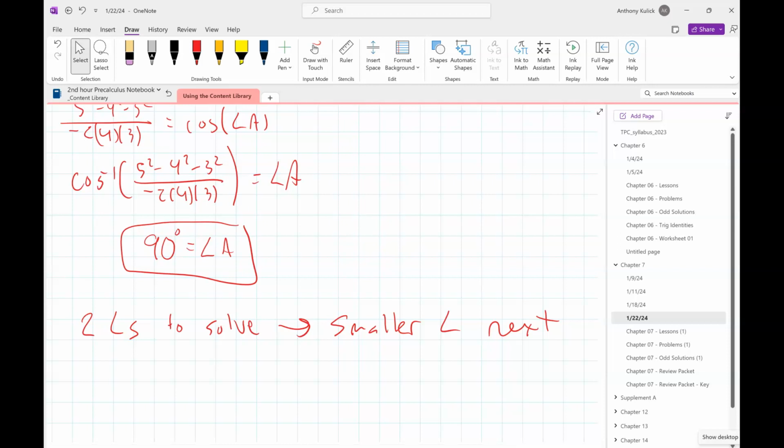The reason you want to follow this order is you don't want to accidentally fall into an SSA case where you find the wrong part in a triangle. Remember, in the SSA case, you can get 2 sets of answers. You don't want to accidentally stumble into that case and get the wrong one of the 2 answers and not realize what you just did. If you follow the instructions like we've been giving you, you avoid any SSA case where you can end up with 2 triangles.